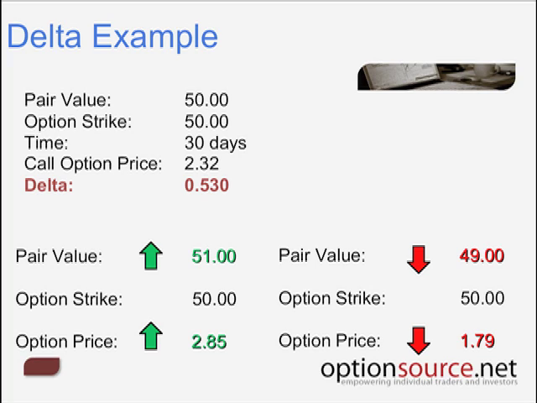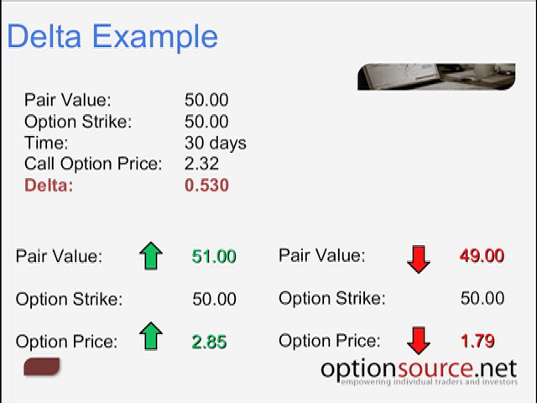Now, what's interesting, in the event that the pair value starts to move against us, is that the delta actually decreases. So, for example, if we start off with a delta of 0.53 and then the underlying security drops that 1 point, well, the initial drop is going to have an impact of, say, 0.53.